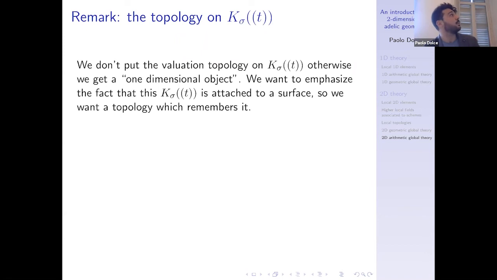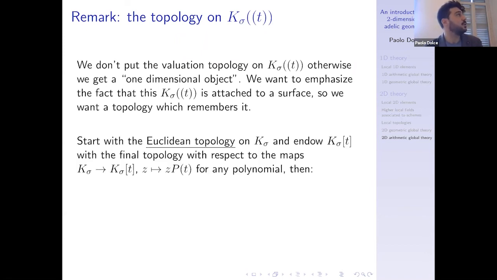Here I want to emphasize the fact that this is two-dimensional. So you have a topology on the polynomial ring, and you put this final topology, and then you can complete and localize, where C and L are the same operations I explained earlier.